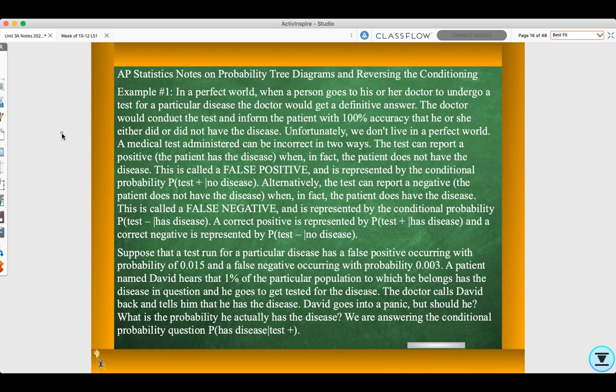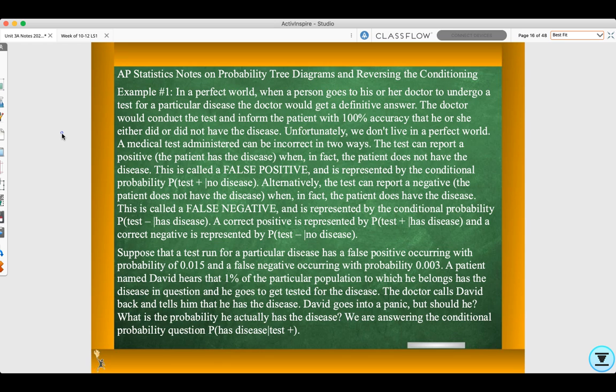The test can report a positive, the patient has the disease, when in fact the patient does not have the disease. This is called a false positive and is represented by the conditional probability, the probability that the test is positive given no disease. Alternatively, the test can report a negative, the patient does not have the disease, when in fact the patient does have the disease.